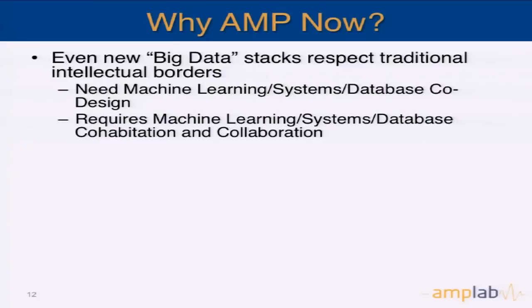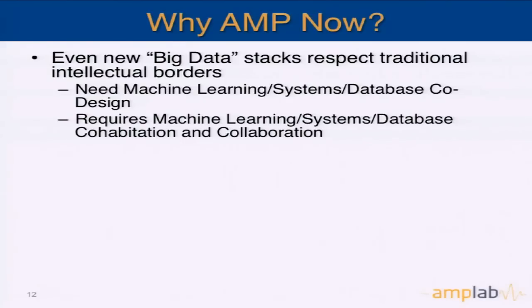And we think that you need a new approach. We think what you need to do is take machine learning, computer systems, and databases, put them all together, and rethink those boundaries, and rethink how you put systems together with those capabilities.